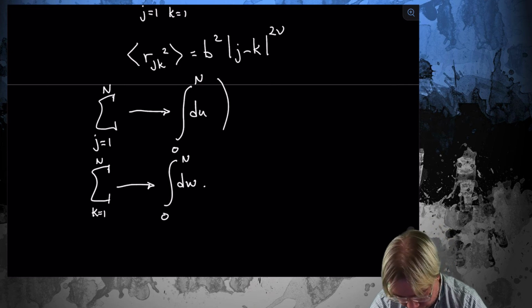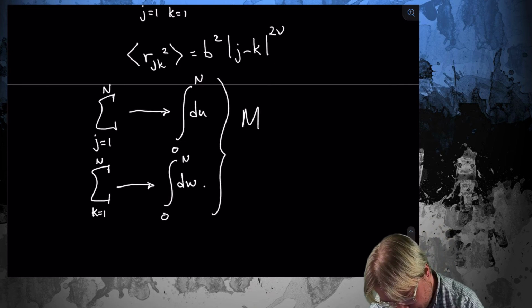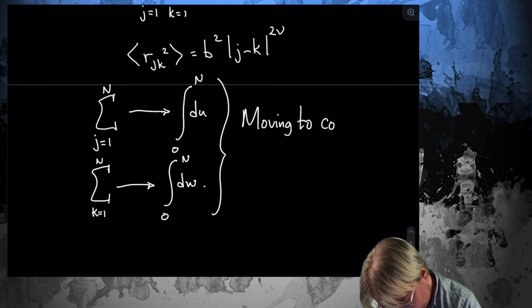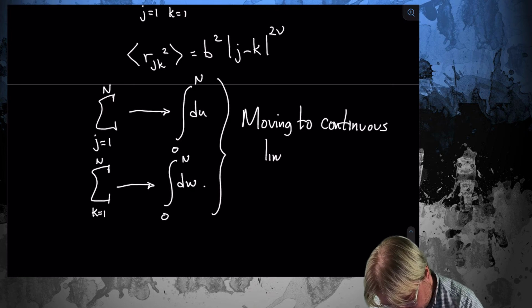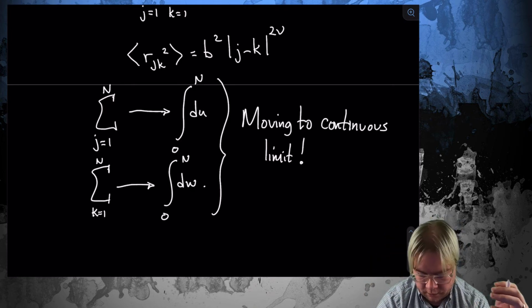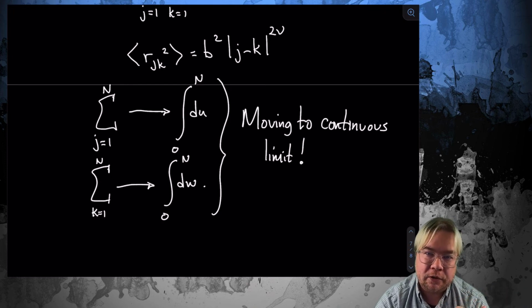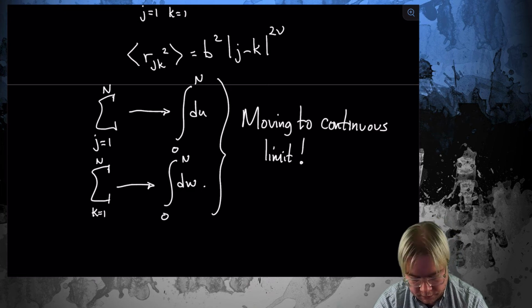So what we're doing is we're moving to a continuous limit. Okay? Much easier because you and I work with integrals all the time. We don't necessarily work with coming up with closed form solutions to sums.